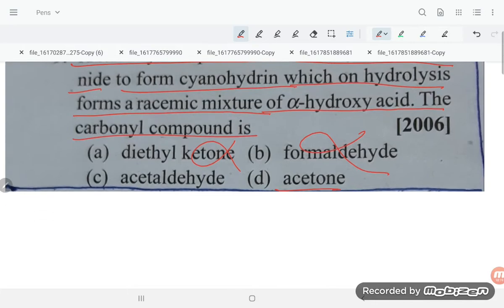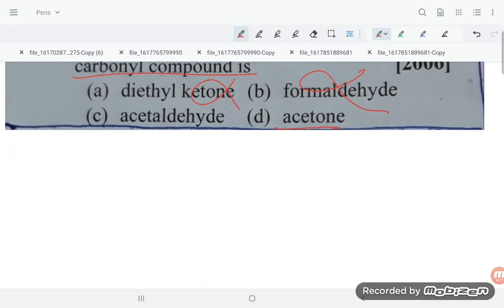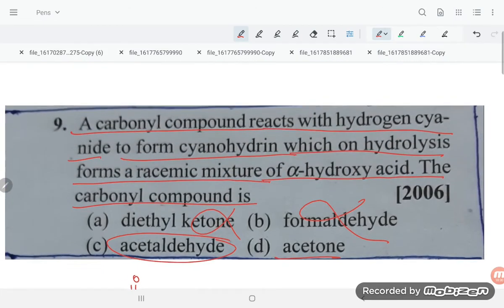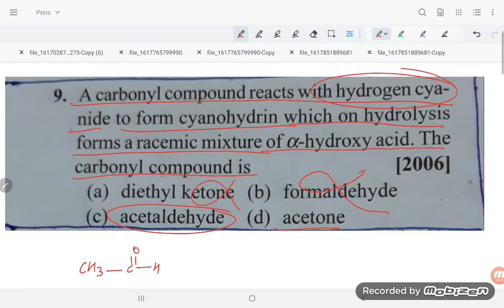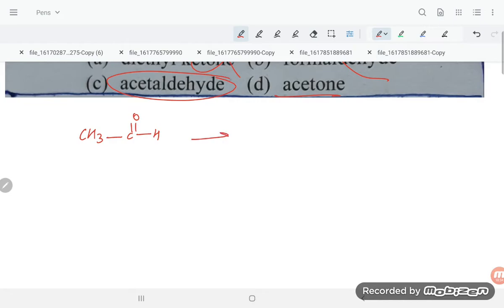Now let us try to find out the answer. If I am taking acetaldehyde, CH3 C double bond O, and here is H, and with this you are treating hydrogen cyanide. Cyanide will attack here, this bond is going here.